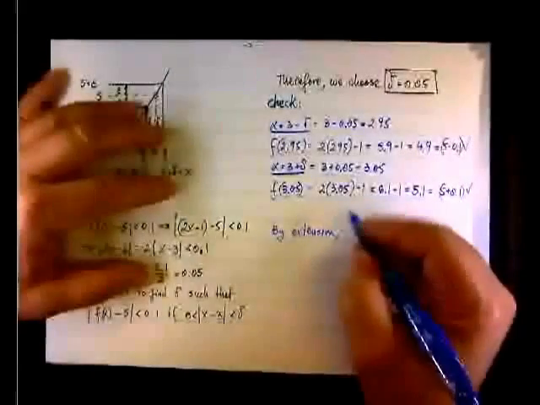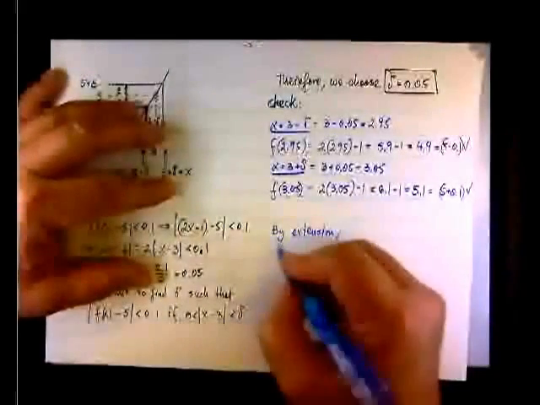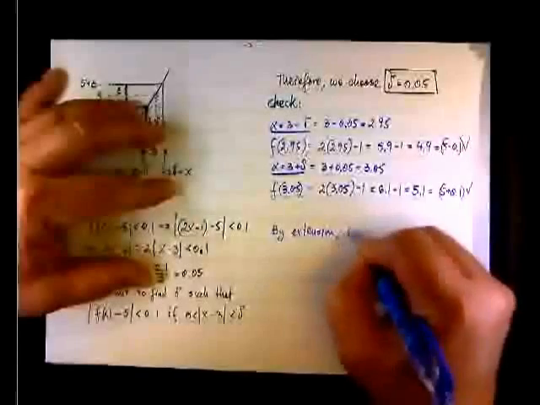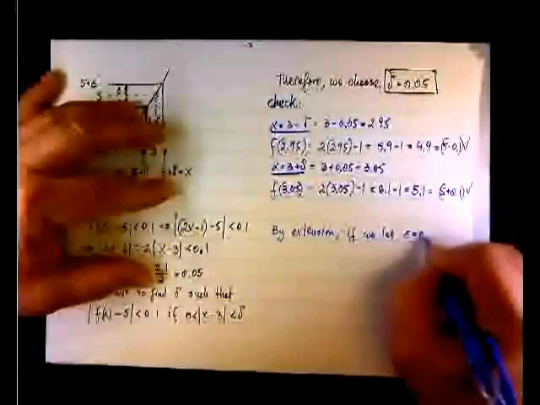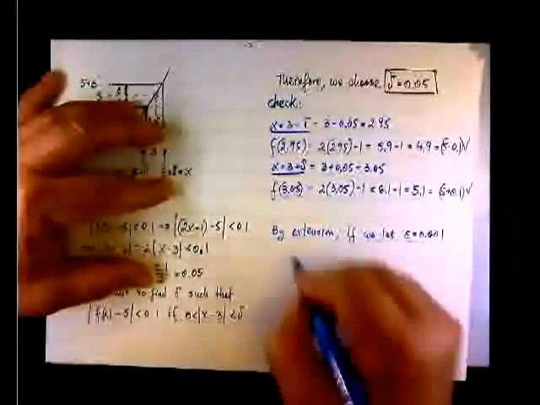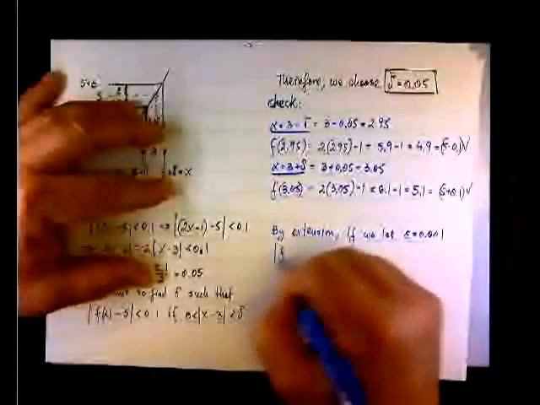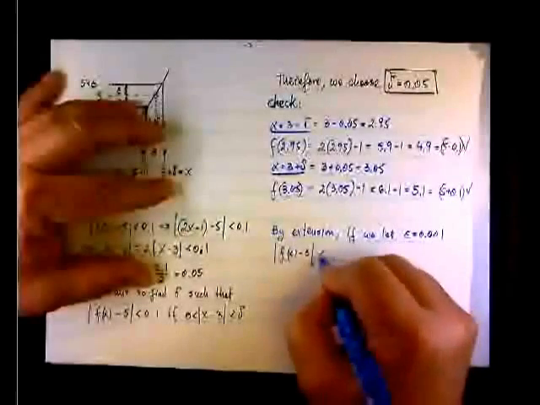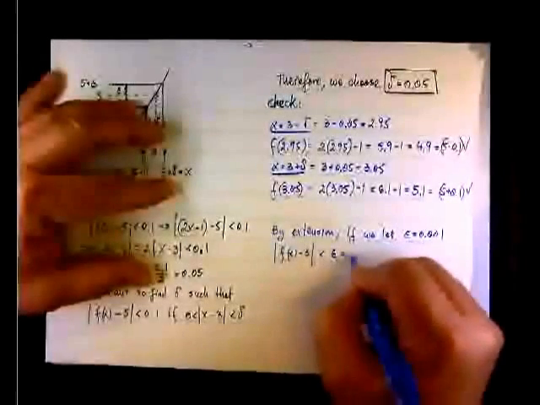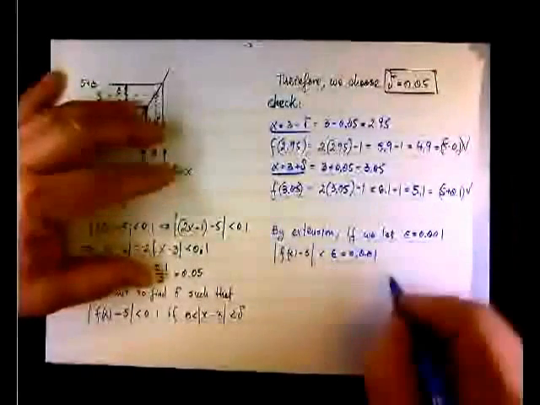We can say the following. If we let epsilon equal 0.001, then we want the absolute value of f of x minus 5 to be less than epsilon equals 0.001.